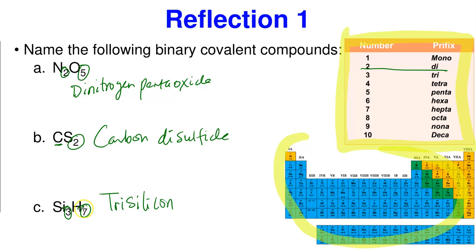Then this is 7 hydrogen. It's going to be hepta. If you look at the 7 here, heptahydride. When hydrogen forms an anion, it is called hydride. Do not forget that. Then we go to the next one.